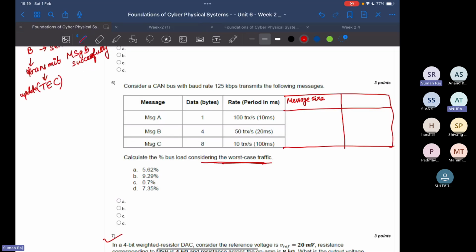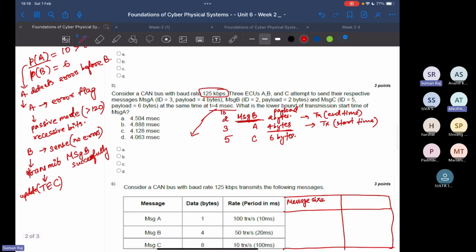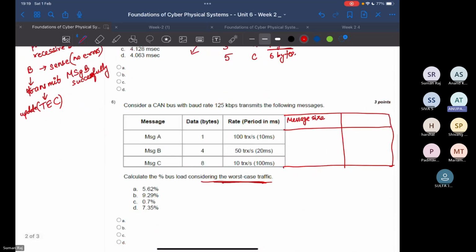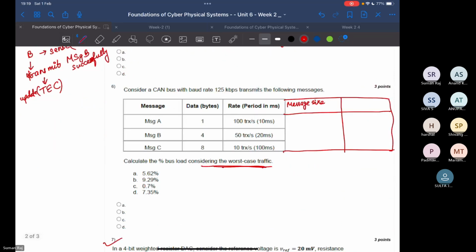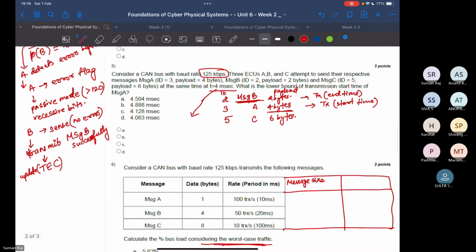Is that okay, Anupam? Yes. In the previous question we were discussing 4 millisecond, but in this question, the periods are different. Yeah. But in this question for all, the period is the same. Like they said, same time, 4 millisecond.